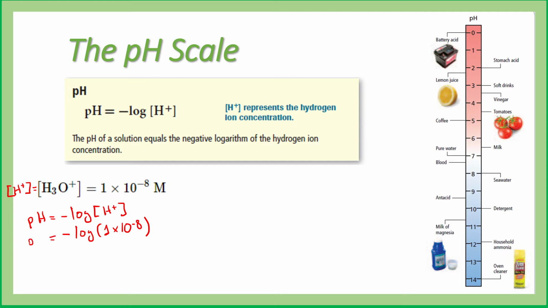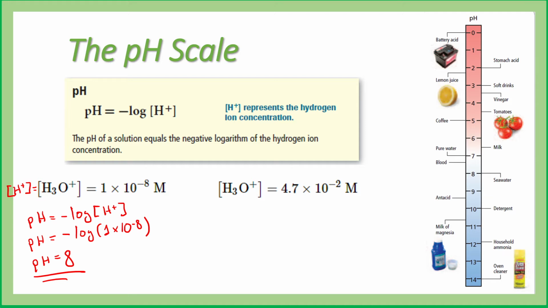And the pH will be equal to, let's do that in the calculator. Negative logarithm of 1 times 10 to the minus 8, and the answer is 8. A pH of 8, similar to, for example, seawater.